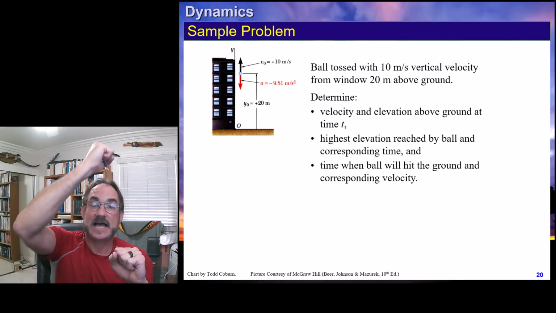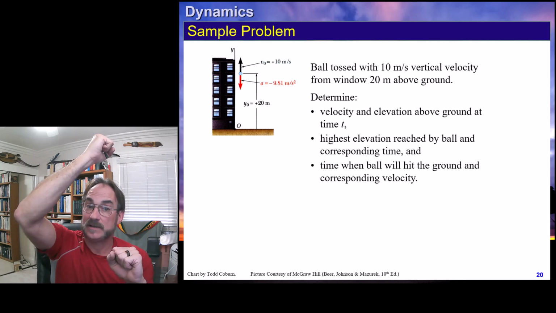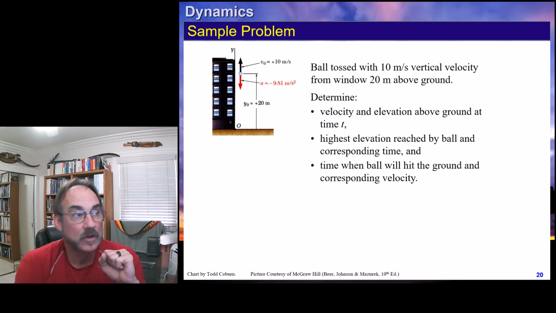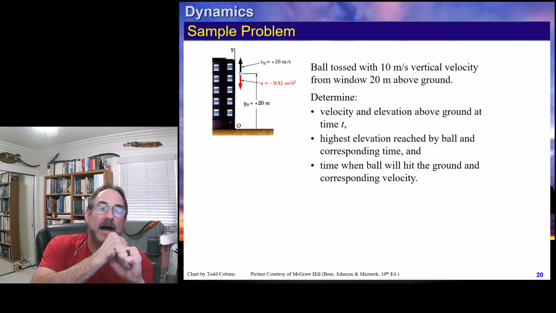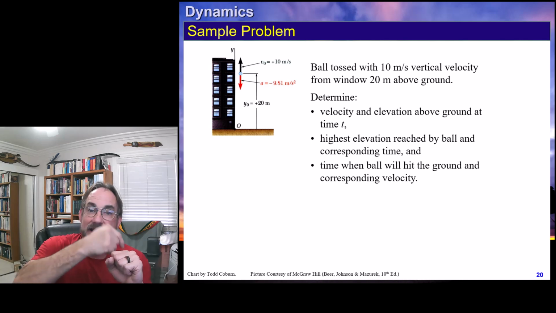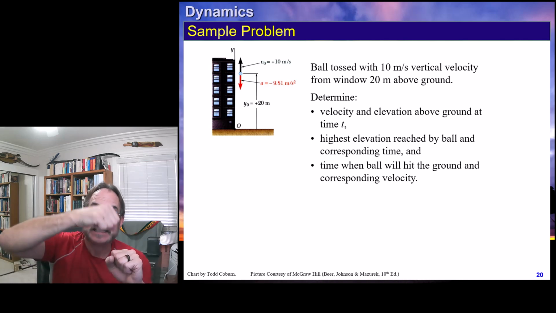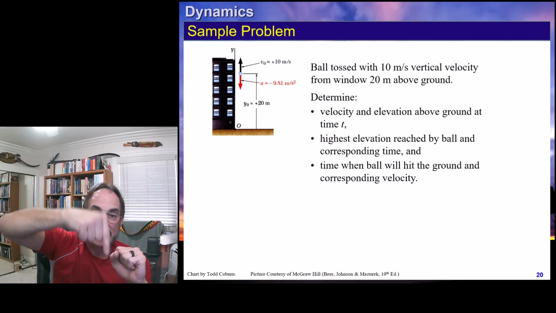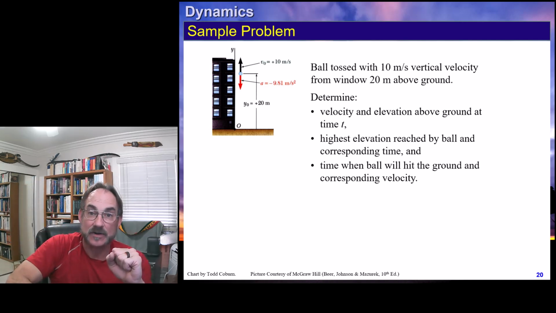We have a velocity at the highest point, which is 0. And we have a final velocity, which we don't know. We have acceleration initial, which is negative 9.81. It's negative 9.81 still when it stops moving upwards, and it's negative 9.81 when it hits the ground.